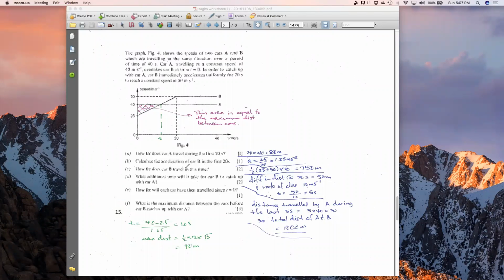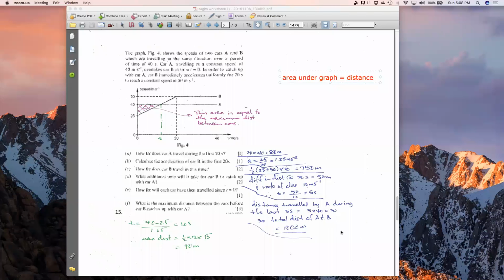How far does the car B travel during this time? Well, the other thing we know in graphs is that the area is equal to, in this case, the distance and not the displacement. Why? Because this is a speed time graph, not a velocity time graph. So the area under this graph will be a scalar distance.